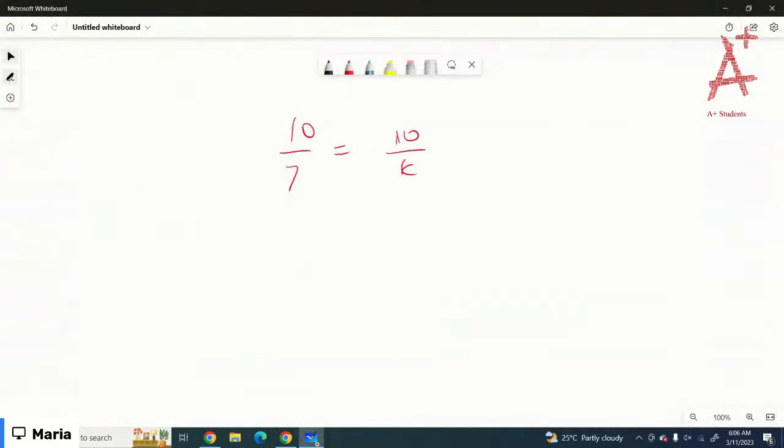Got it? Just do cross multiplication. It would be 10 times k equals 10 times 7. So 10 times 7 is 70 and 10k. Divide both sides by 10. So k equals 7. Got it? That means the missing side length is 7. So the correct option is 7.